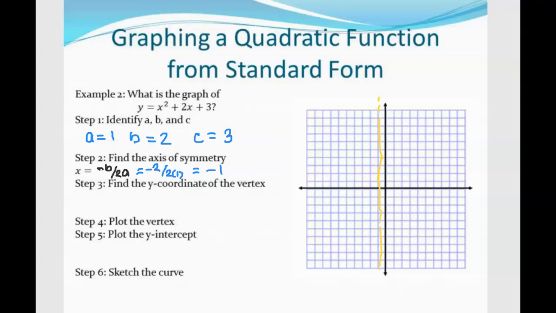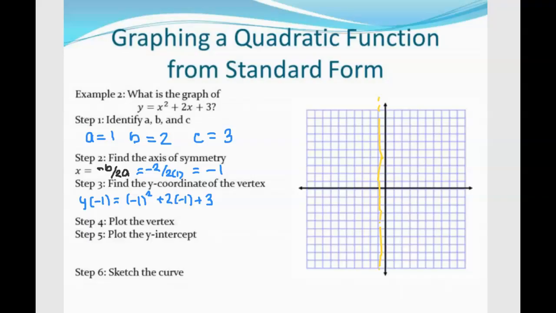The y-coordinate of the vertex comes from plugging the x-coordinate into the original equation. So we're going to find when x is negative 1. Negative 1 squared is always a positive, so we have a 1.